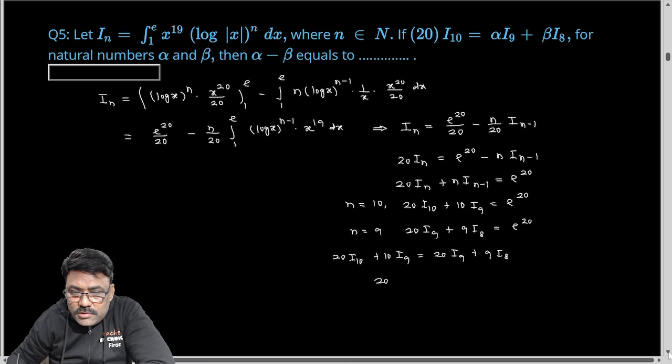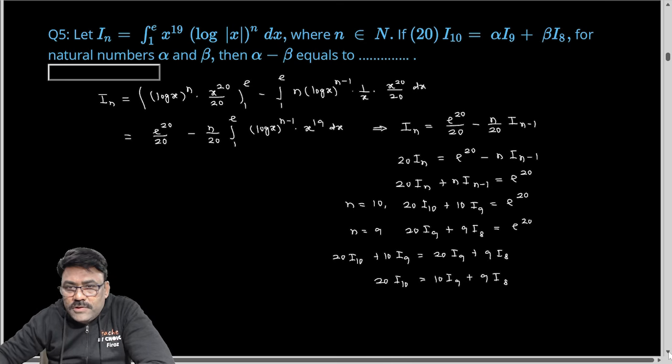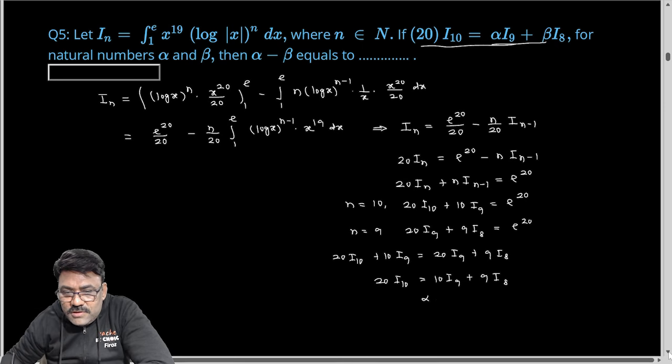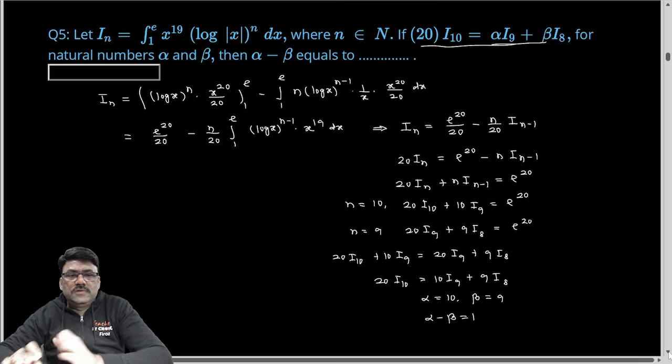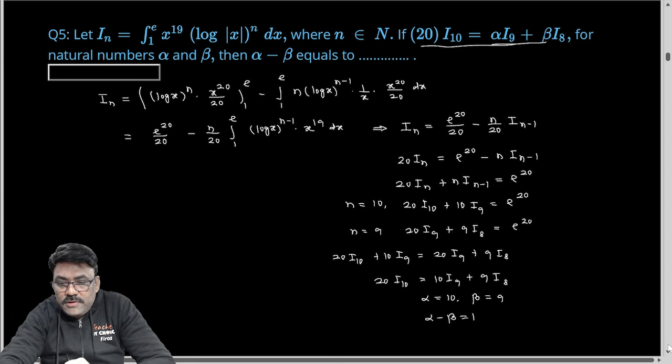Finally, you are getting 20 I10 is 10 I9 plus 9 I8. Now, if you compare here, they have given alpha I9 plus beta I8. So alpha is 10, beta is 9. Means alpha minus beta is 1 here. Hence, your correct answer will be 1. They are asking alpha minus beta only, which is 1, right?